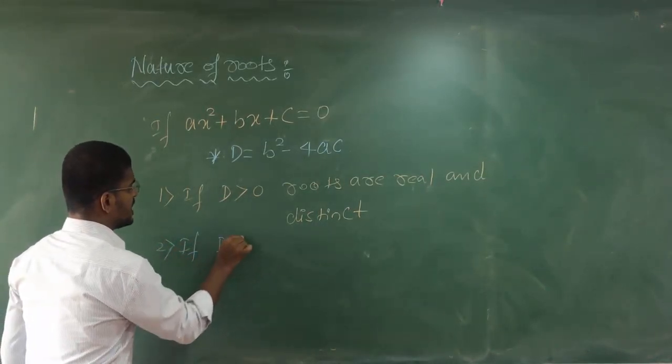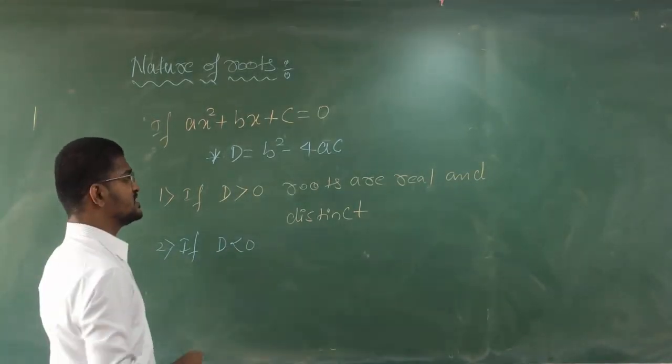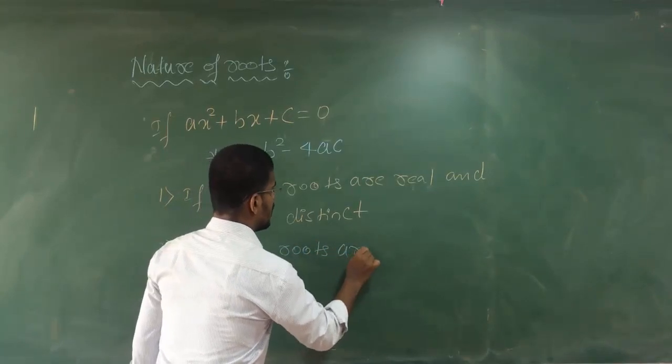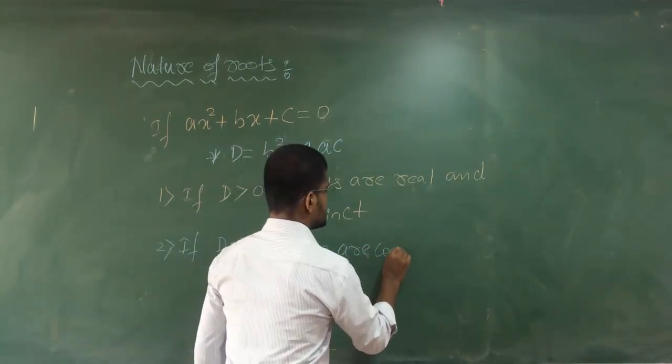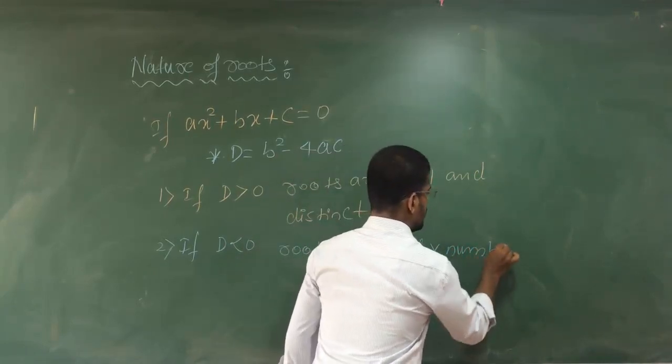Second one. If d is lesser than 0, roots are complex numbers.